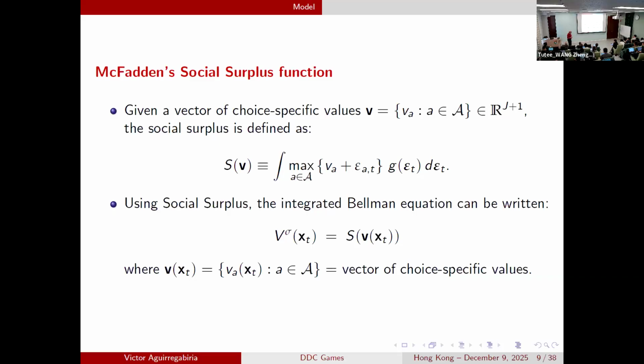And this is going to be important because at some point I'm going to use the derivative of this surplus function with respect to these values, and I'm going to use the so-called Williams-Daly-Zachary theorem. And we have the equivalence between these two.